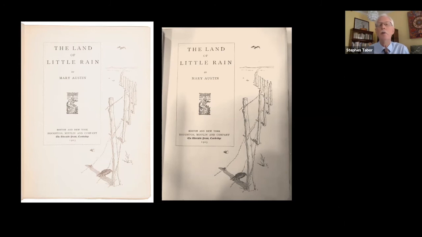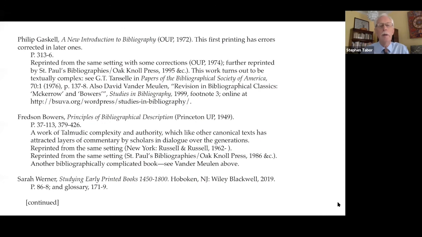The word issue, in particular, usually can't carry the weight of explanation on its own, and different states of a book are used to describe a broad range of variation from a single stop press correction up to and including complete resetting.